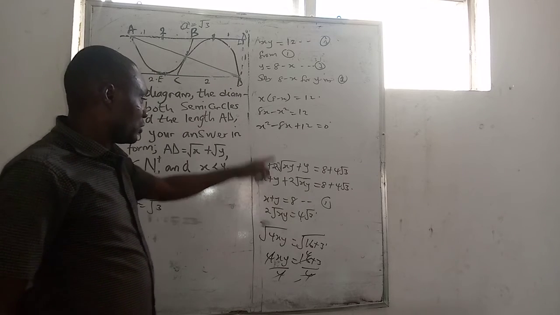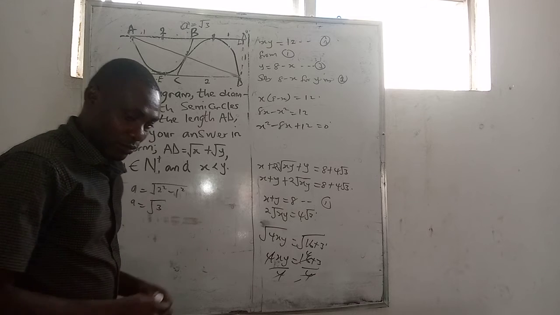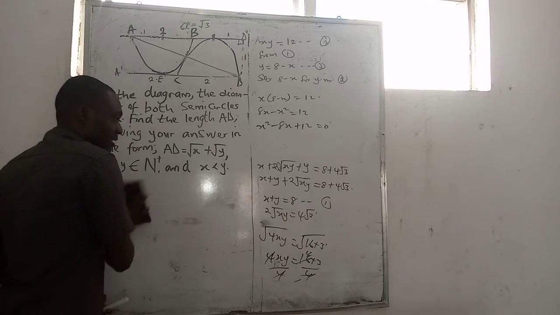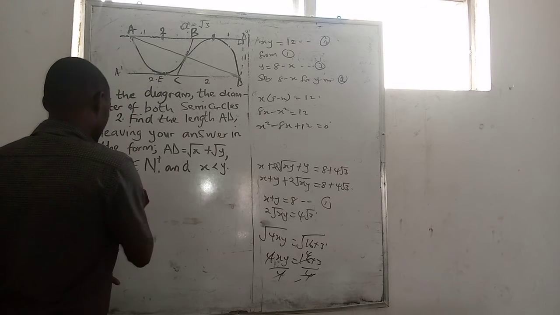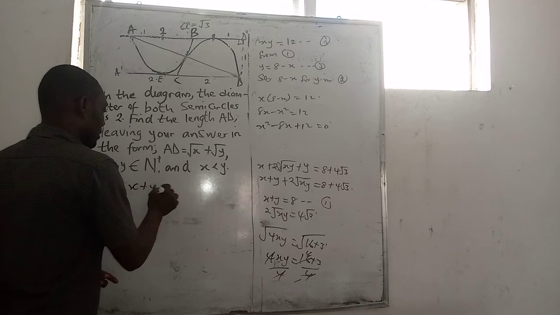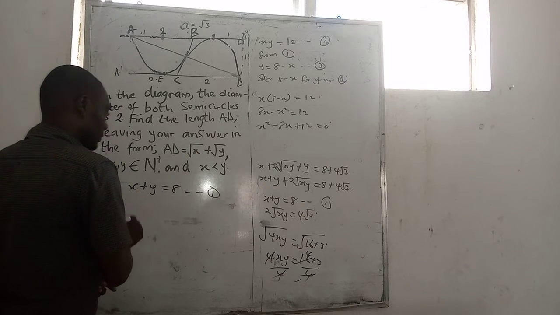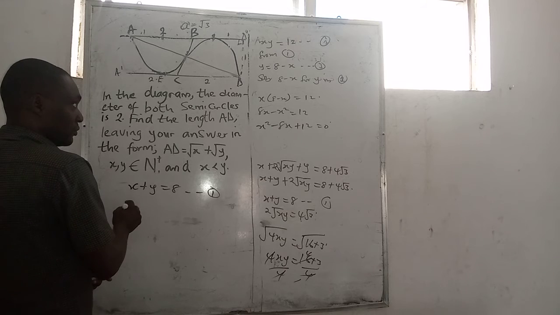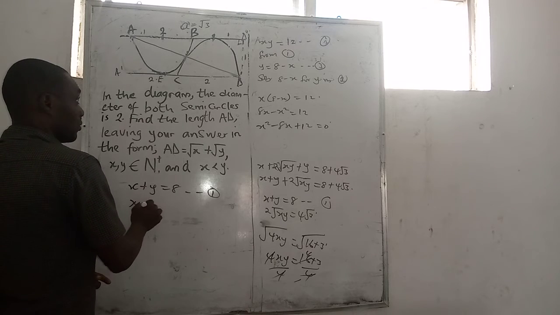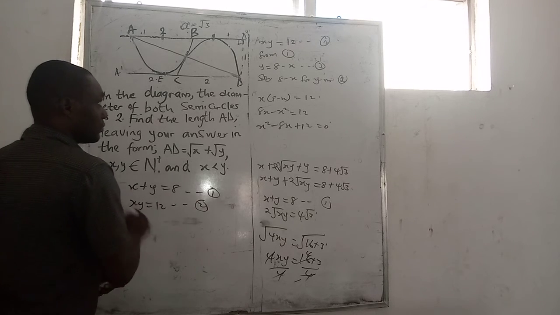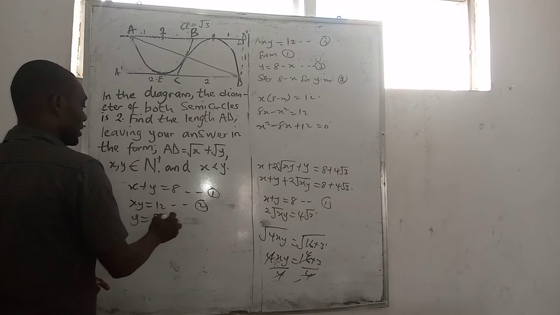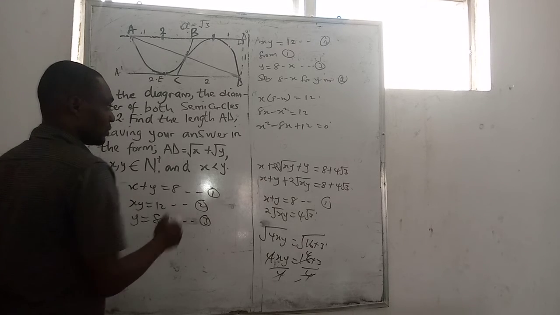So all we need to do is factorize this. Let me write these values here. x plus y equals 8, equation 1. xy equals 12, equation 2. y equals 8 minus x, equation 3.